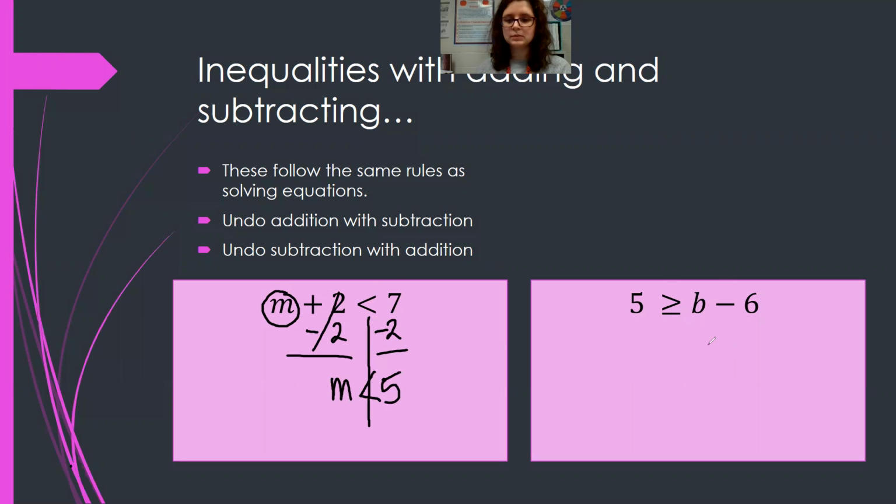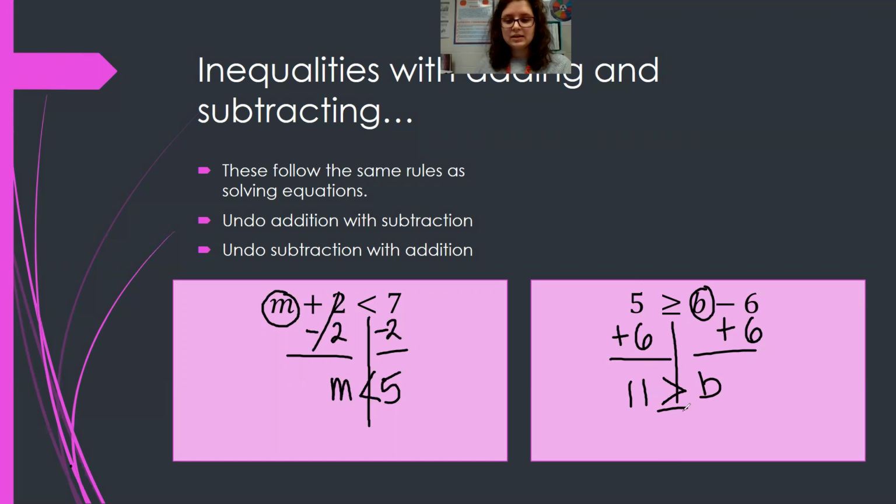Let's look at our subtraction example. Circle my variable, split my sides. We undo subtraction with addition, so add 6 to both sides. 5 plus 6 is 11, so we have 11 is greater than or equal to b.